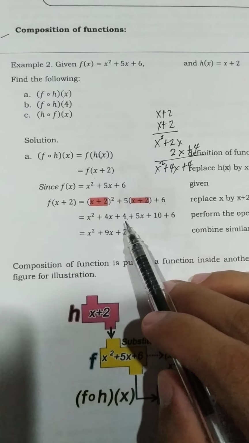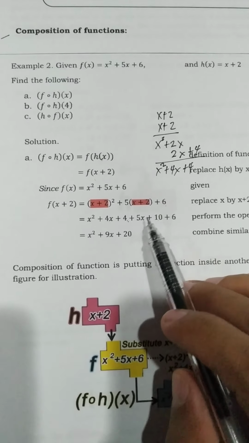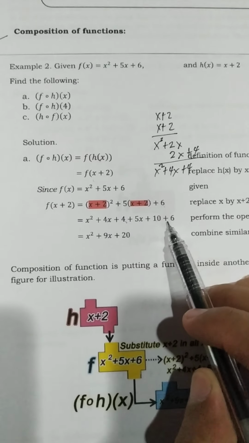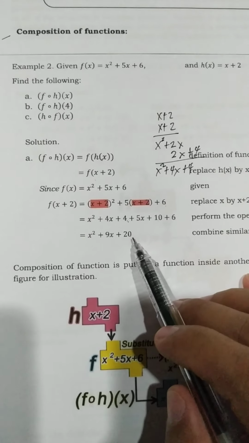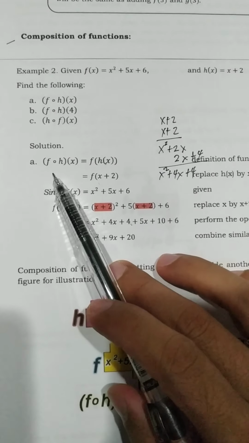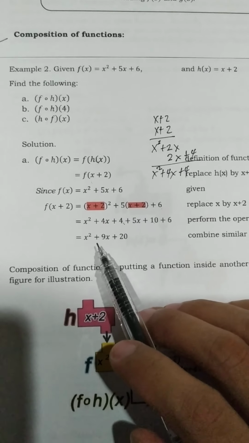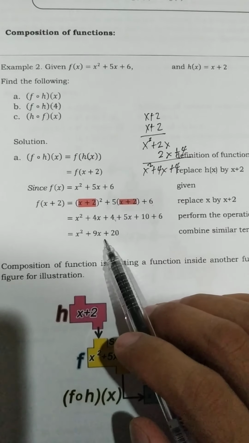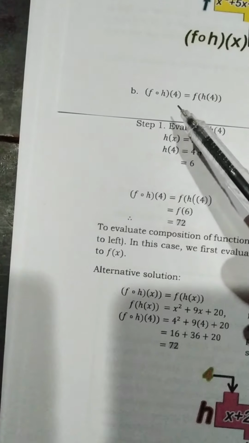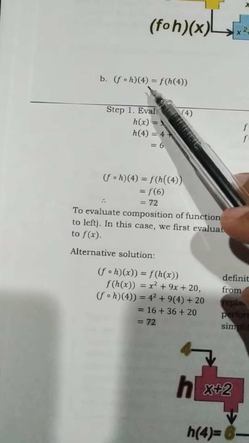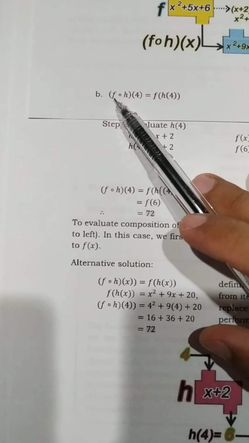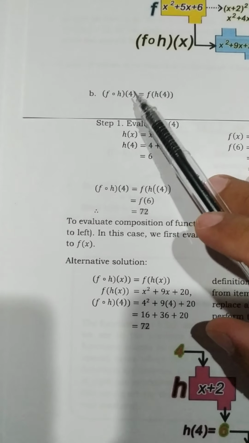For the constants, we have 4 plus 10 plus 6, that is 20. Therefore, f of h of x is equal to x squared plus 9x plus 20. For letter B, the example is f of h of 4.